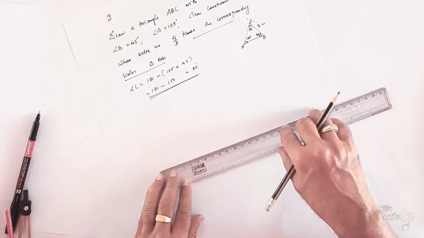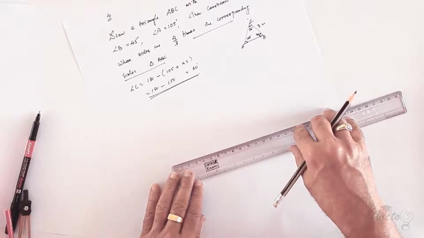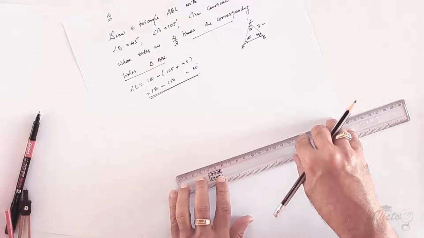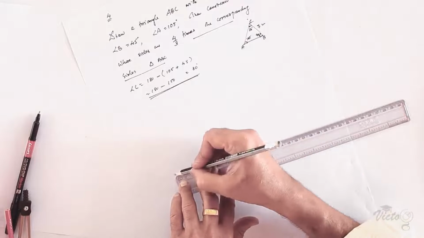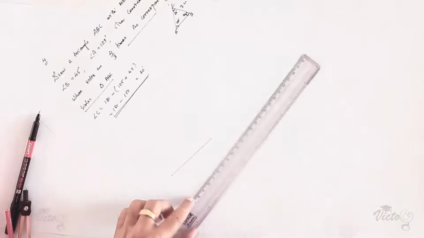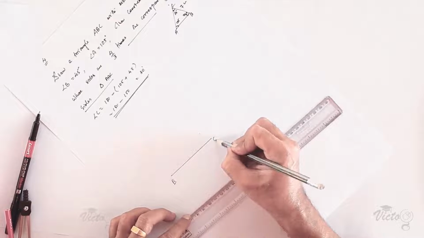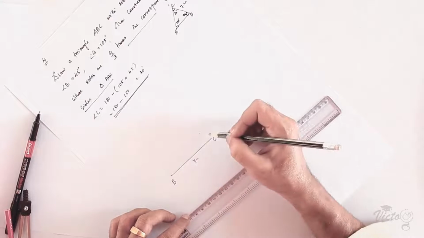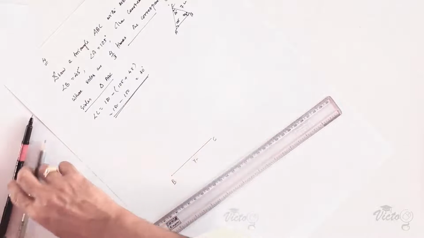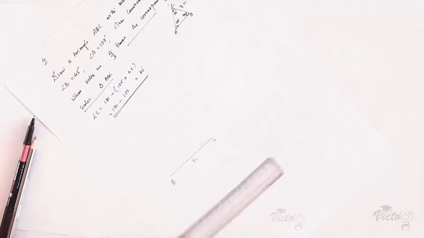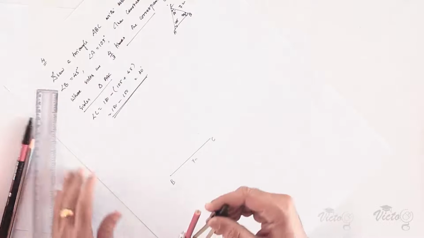Draw the side BC of length 7 centimeter. Angle B is equal to 45 degree. We have to construct 45 degree. For that, first of all, draw 90 degree and then bisect it.